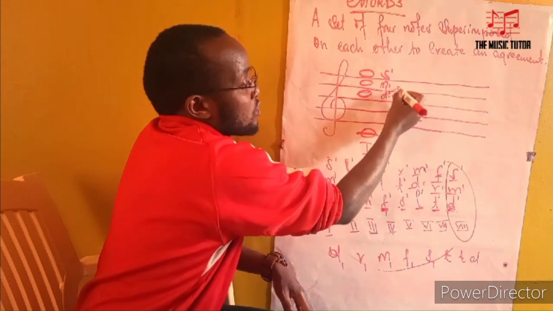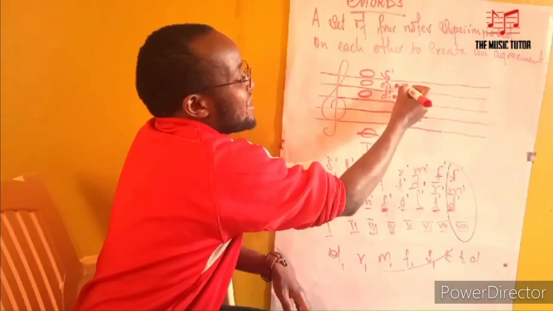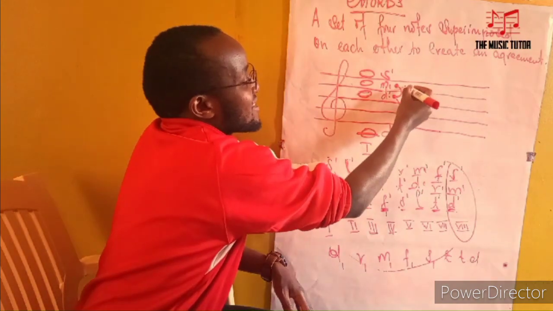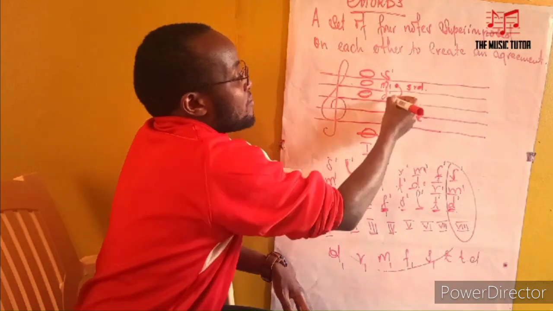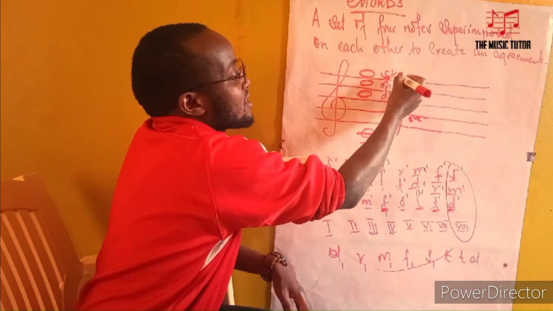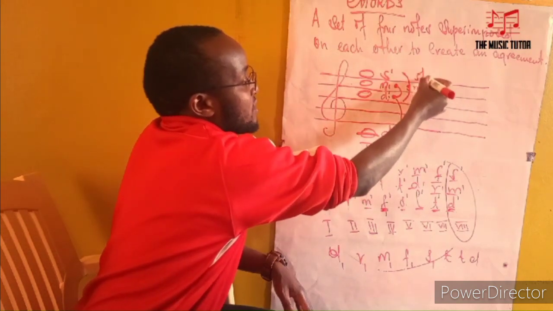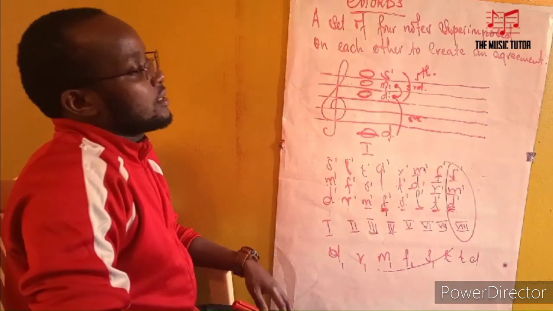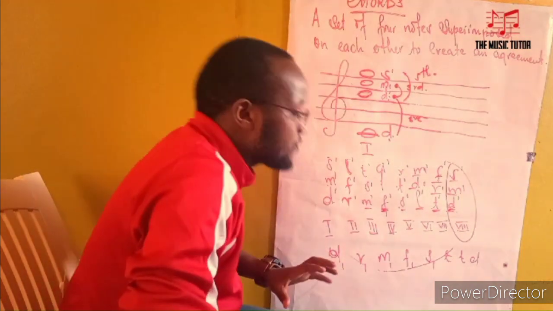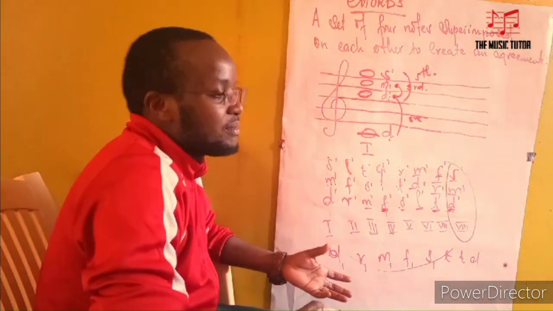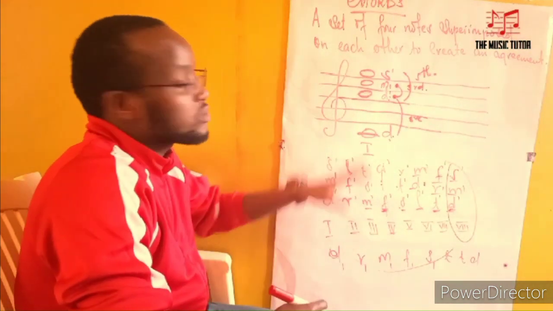Between the upper tonic to the mediant, there is a third. Between the tonic to the dominant, there will be a fifth, the difference of a fifth. That is the formula that we use for any major scale. So these are notes of a major scale, key C.